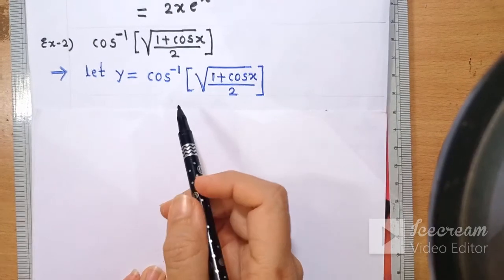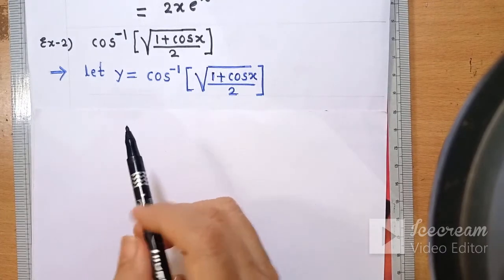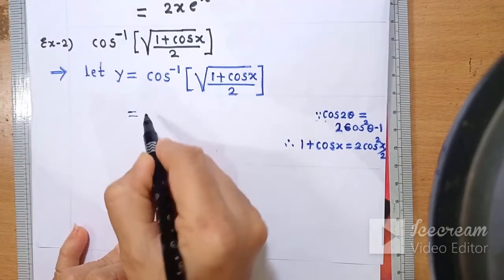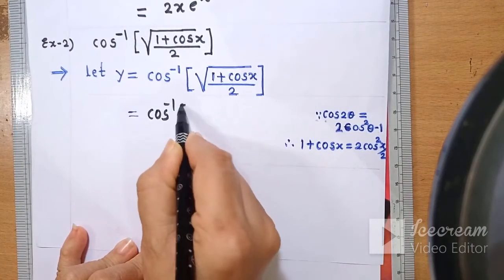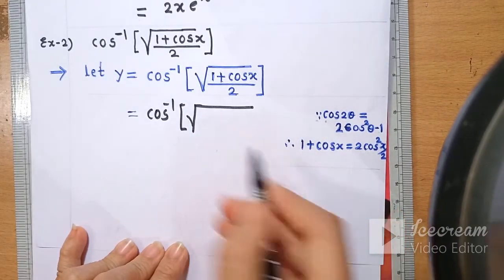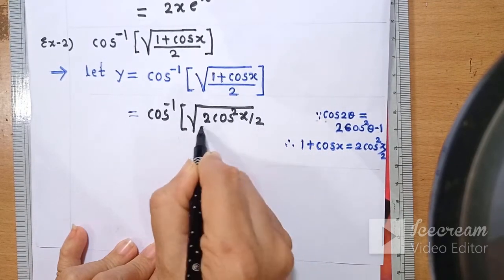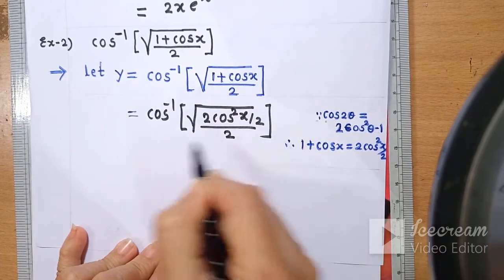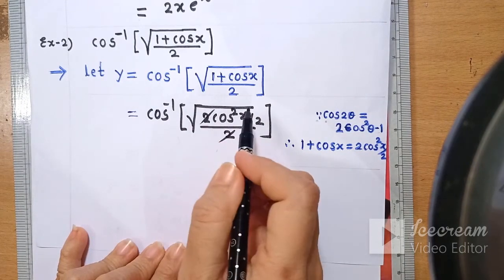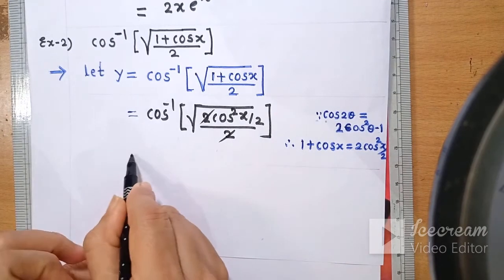This is our second example, and here also first we will simplify the function. So here we will use the cos 2 theta formula. We know, so cos inverse of root, we will write 1 plus cos x as 2 cos square x by 2. So here upon 2, and now these two get cancelled, and under the radical symbol this square term is there, so only cos of x by 2 will remain.